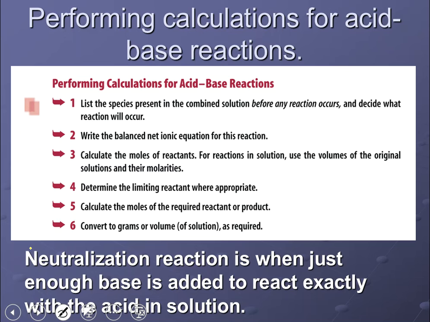There's nothing excess, and so you've basically just made water. You have nothing left over that might cause the reaction to have more hydrogen ions or hydroxide ions, which would make it acidic or basic. That means you have neutralized the solution, and we're going to do some titrations later on in probably this coming week where you're going to work on neutralizing a solution.